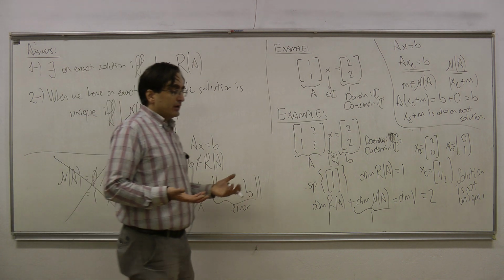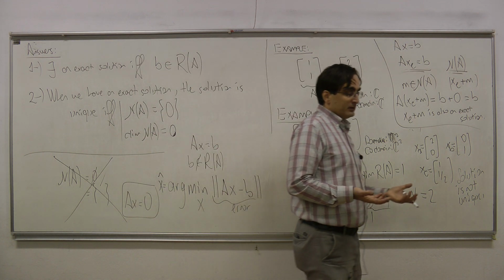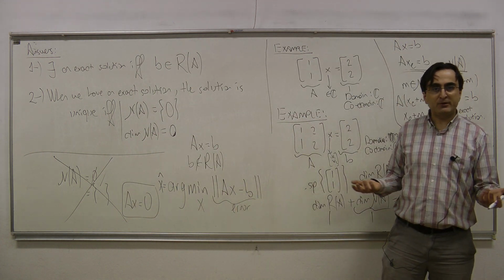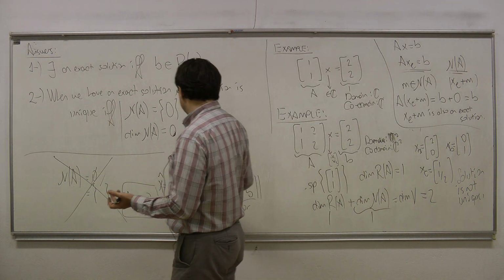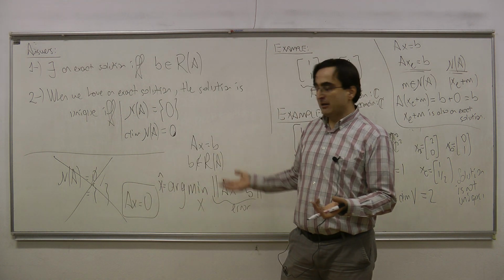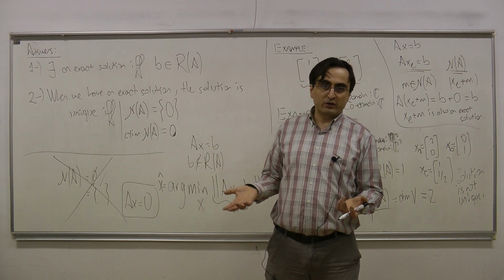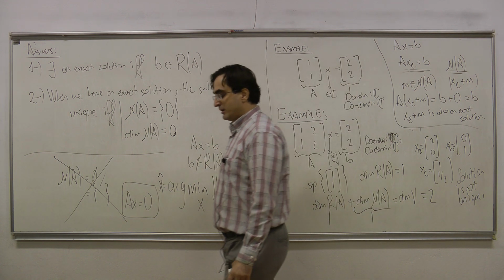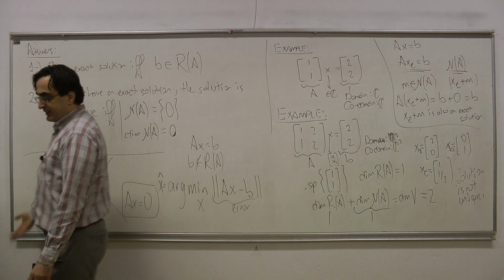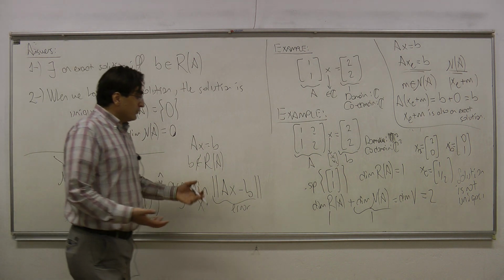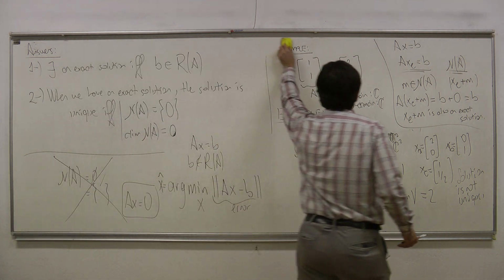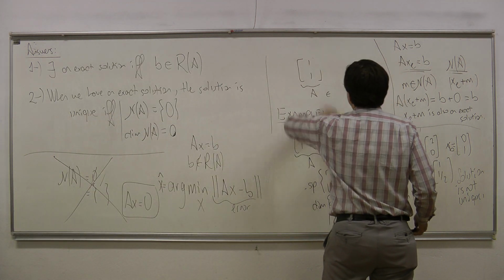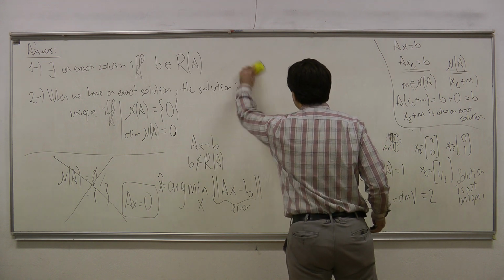And sometimes this minimum error solution will be unique. In that case, we might stop. So we have a unique minimum error solution. Depending on the null space of A, the minimum error solution might be unique, or there might be infinitely many minimum error solutions. In that case, when we have non-unique minimum error solutions, we are going to try to find the minimum norm solution.